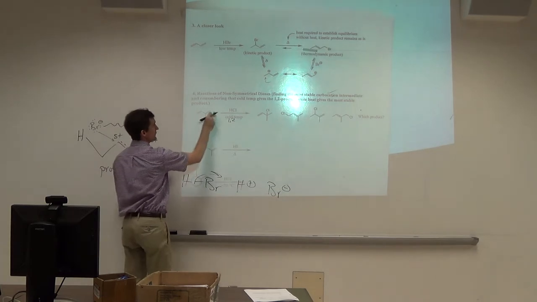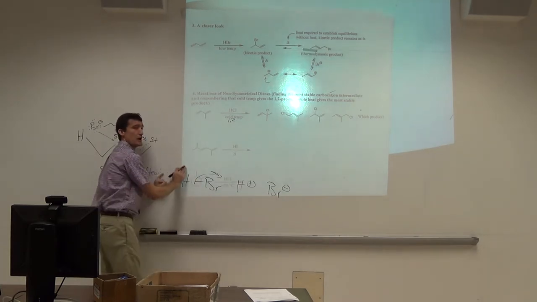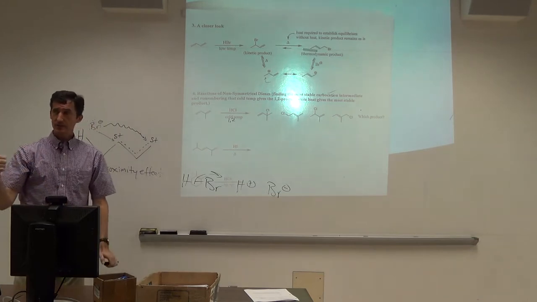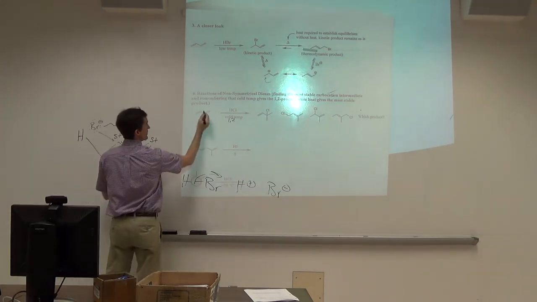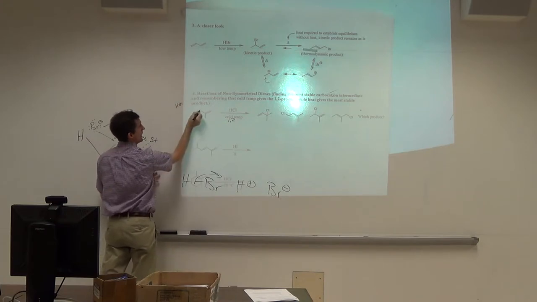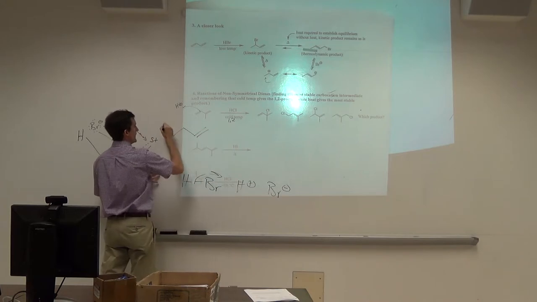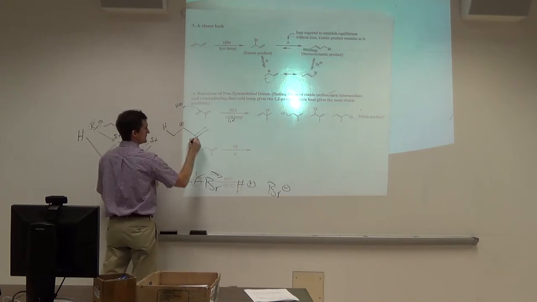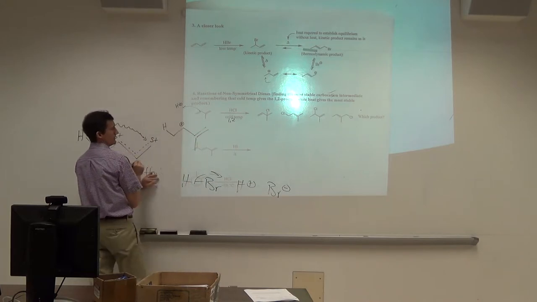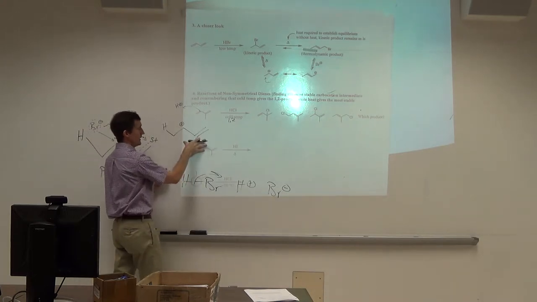Question is, which alkene are we going to react with? You're going to react to get the most stable carbocation. If we react over here, I would get H here plus here. We've got to consider resonance because that's part of this argument here.